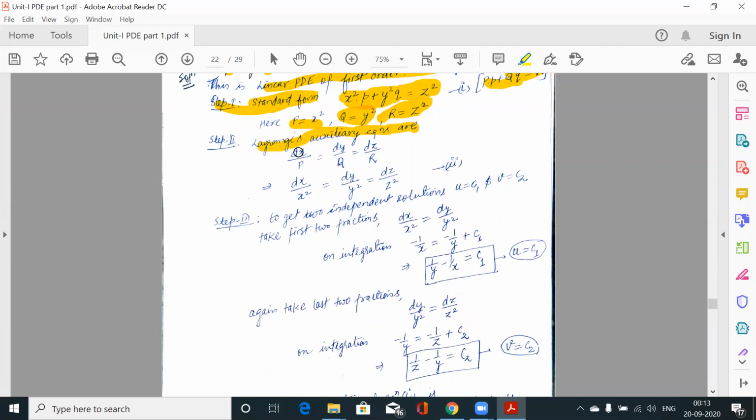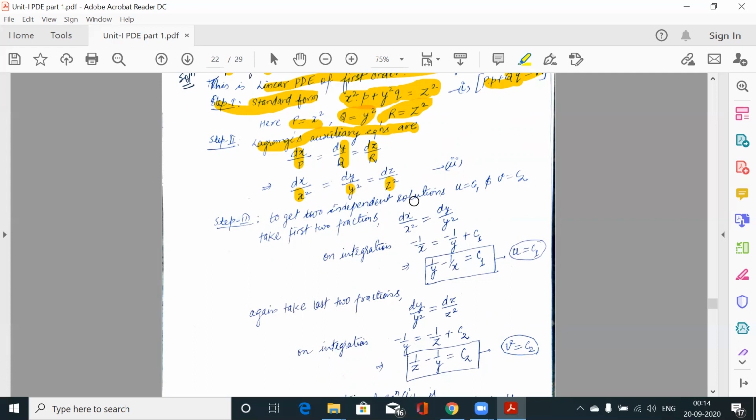We know these fractions: dx over P is equal to dy over Q is equal to dz over R. So we have to substitute P, Q, R. What is P? x square. What is Q? y square. And what is R? z square.